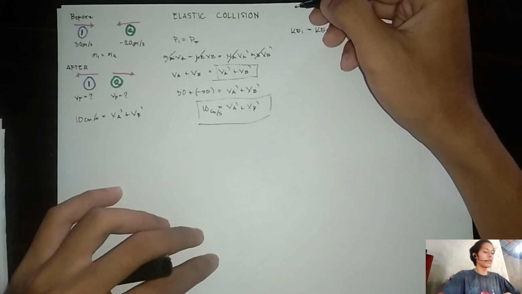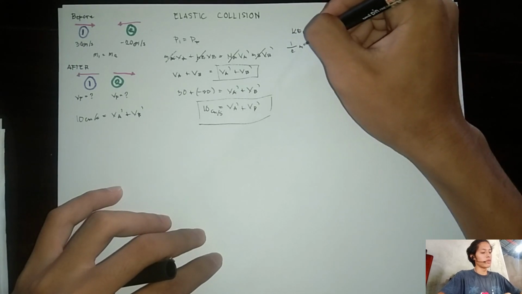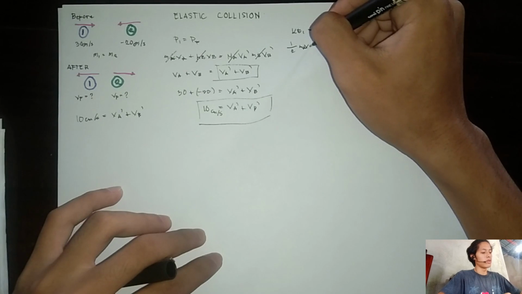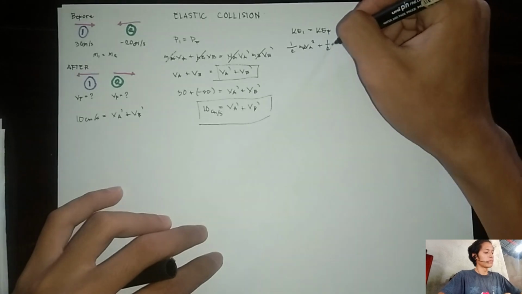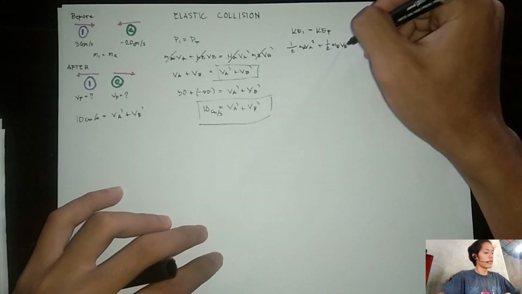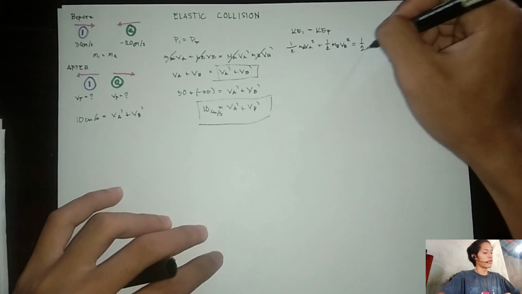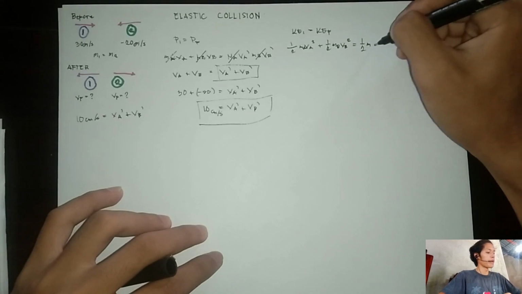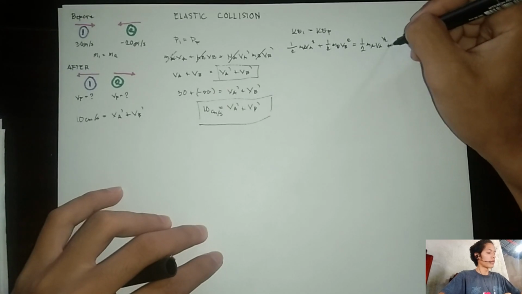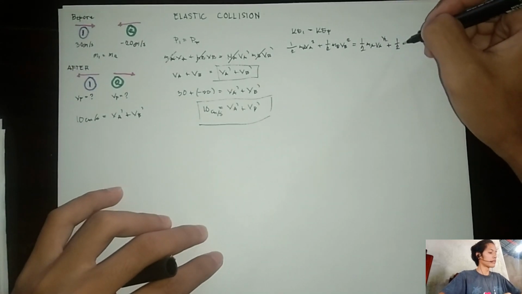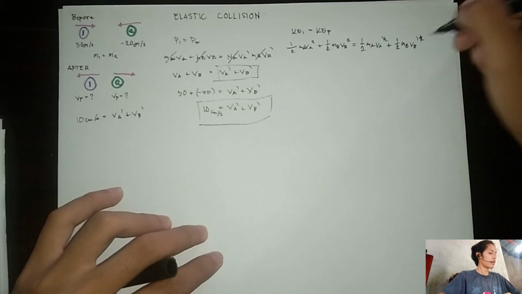Same lang din dito na pwede nating i-cancel yung mass sa formula na 1/2 mass A velocity A square plus 1/2 mass B velocity B square is equal to 1/2 mass A velocity A final square plus 1/2 mass B velocity B final square.